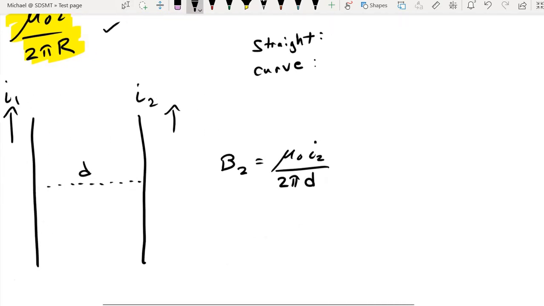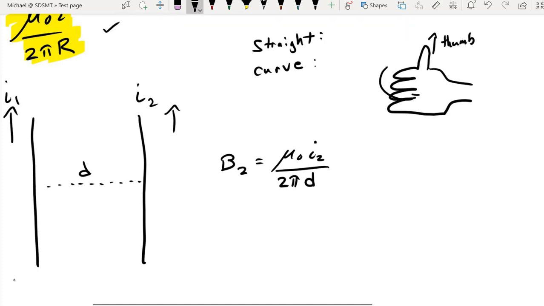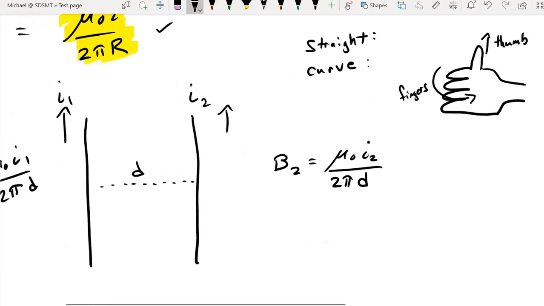And this comes from the curved finger analogy, where we take our right hand and curve our fingers, and our thumb is the straight line portion of the diagram, and the curve of our fingers becomes the curved portion of the diagram.